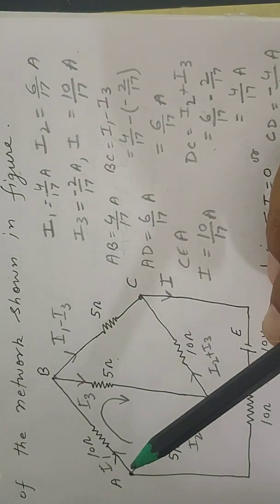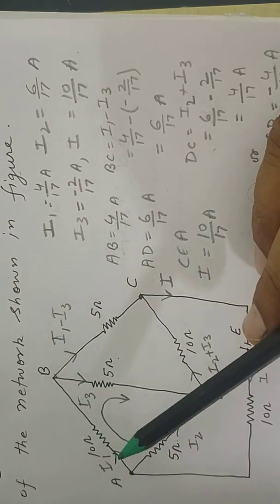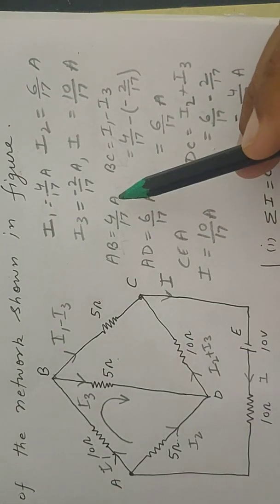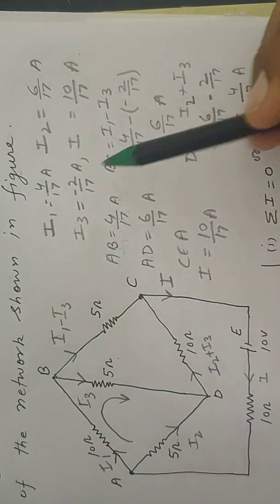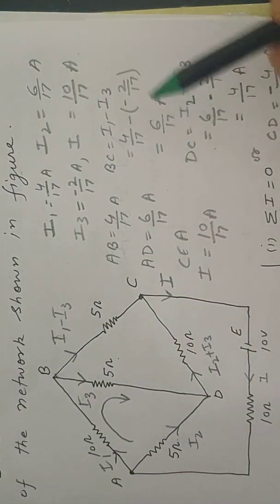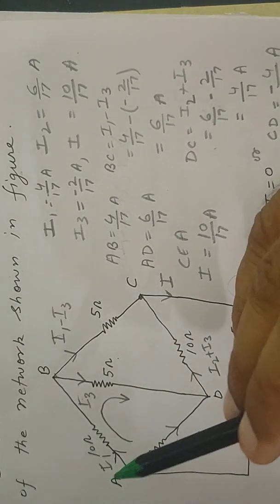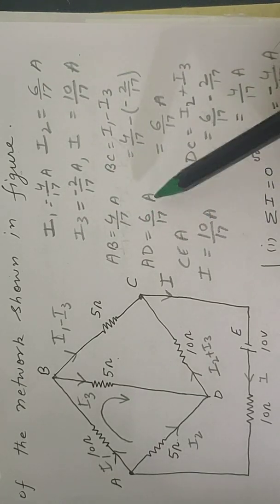Here we want to find the current in each branch. In branch AB, current I1 is flowing, so 4 over 17 ampere. In the branch BC, current flowing is I1 minus I3. We put the values here, we get 6 over 17 ampere. In branch AD, I2 current is flowing, that is 6 over 17 ampere.